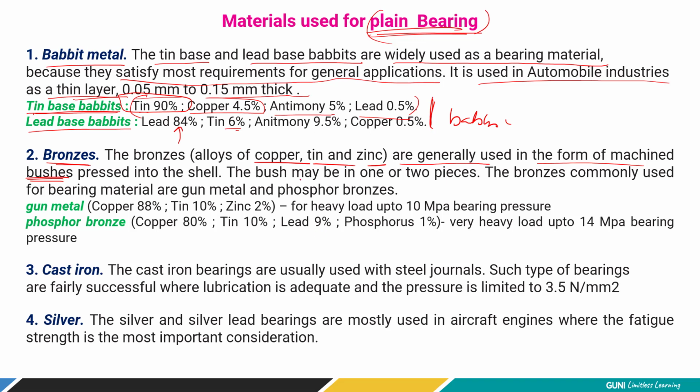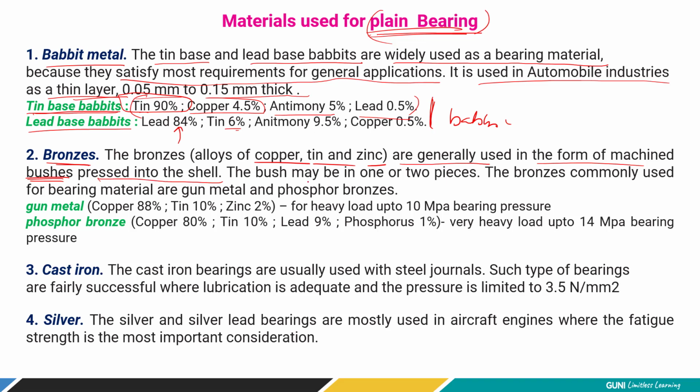Over the period of rotation there is going to be wear, and because of wear, the inner part of the bearing is going to enlarge because of the removal of material. So a bush is deliberately used there, and a bush is cheap to manufacture. The bush is replaced, not the entire bearing surface, so this saves time.